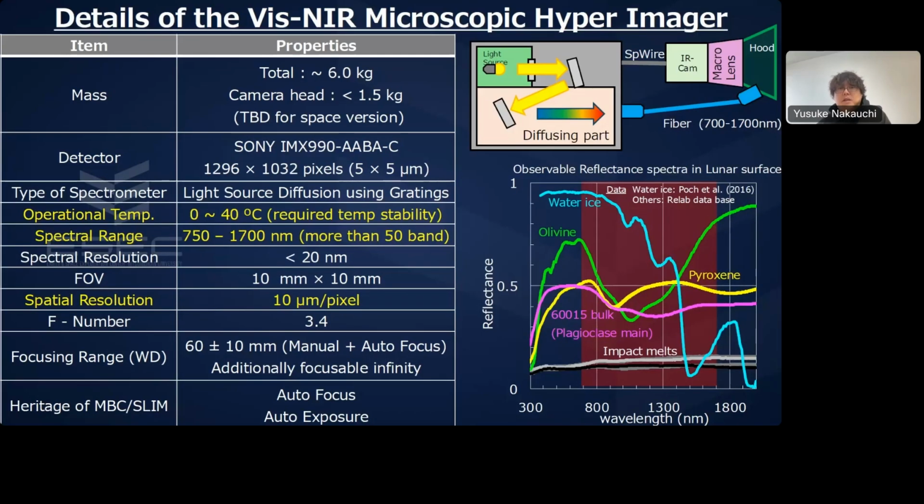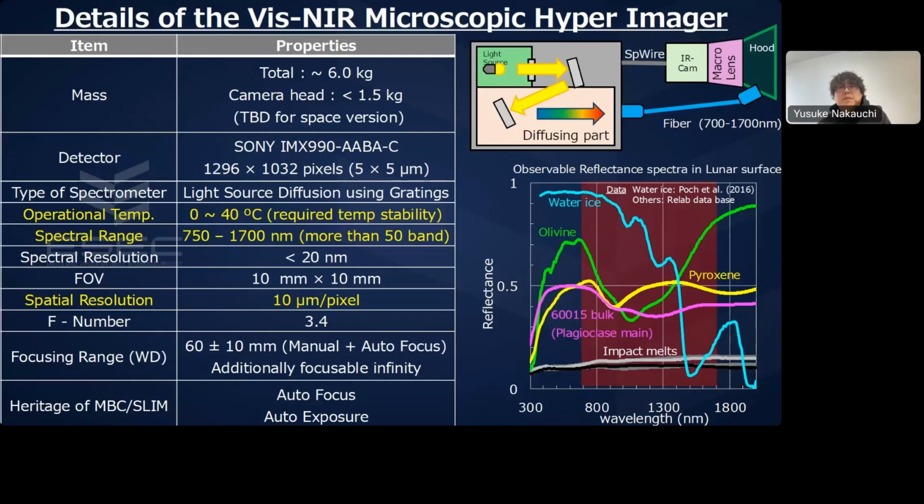The red area is the observable wavelength range. This camera requires only temperature stability from 0 to 40 degrees Celsius during observation. The spatial resolution is 10 micrometers per pixel.